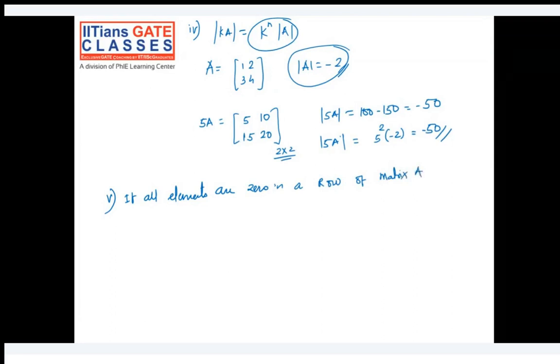Yeah. If all the elements are 0 in a row or column of a matrix, then the determinant is also 0.